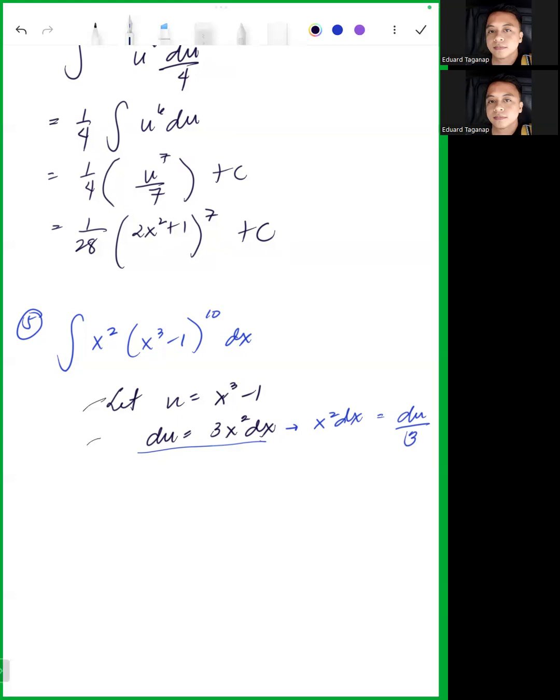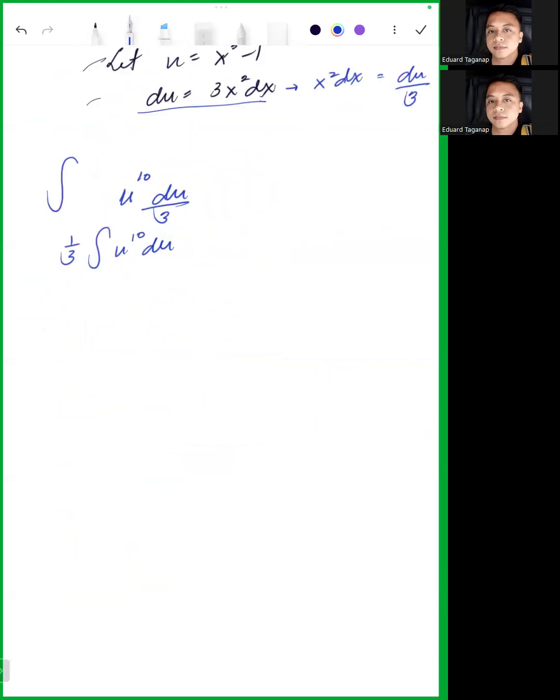And we'll have u raised to 10, or x cubed minus 1 raised to 10, and x squared dx is du over 3. So we'll have 1/3 the integral of u raised to 10 du.